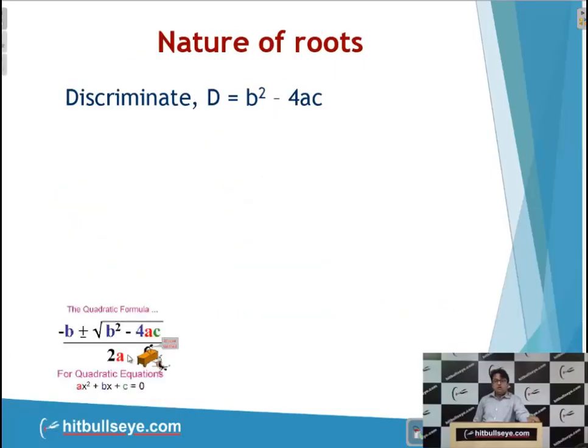Now this is called the discriminant method. If I take the example as ax square plus bx plus c equals to 0, then the discriminant of that is b square minus 4ac. If the value of d is greater than 0, then we say the roots of the quadratic equation are real and unequal.